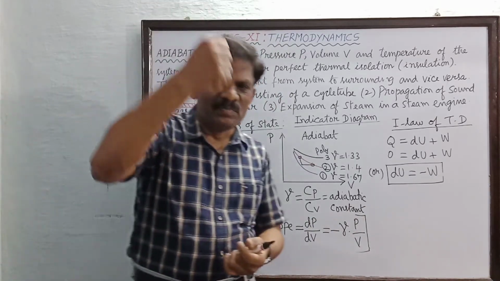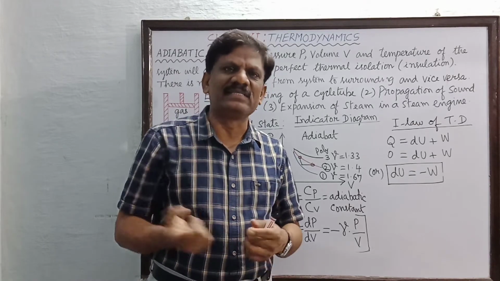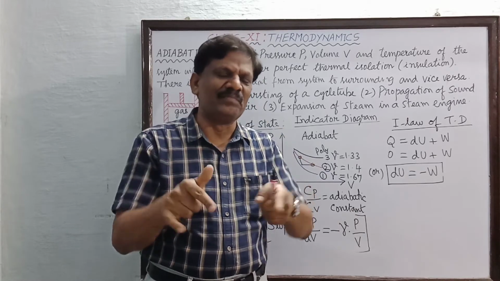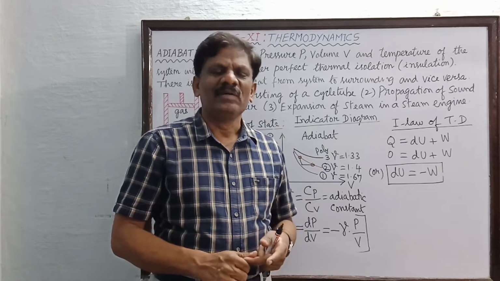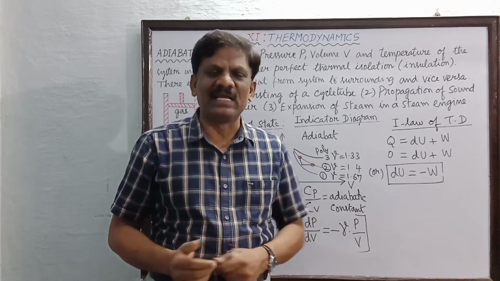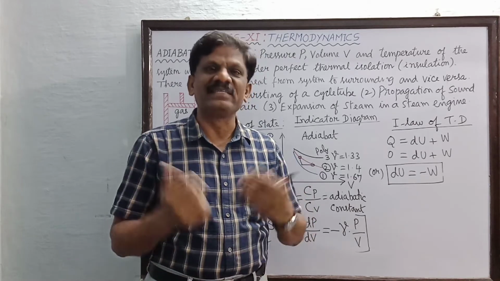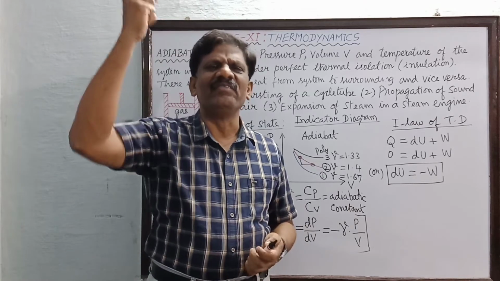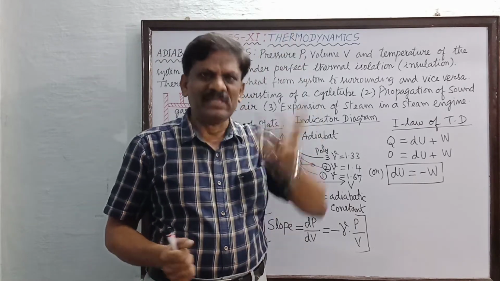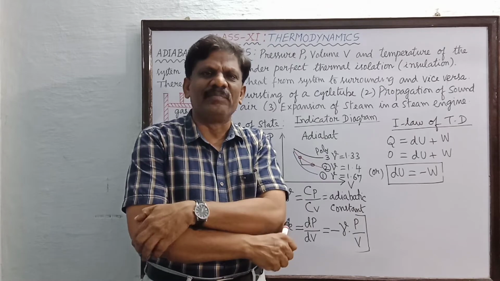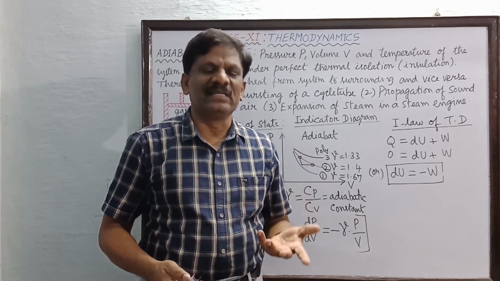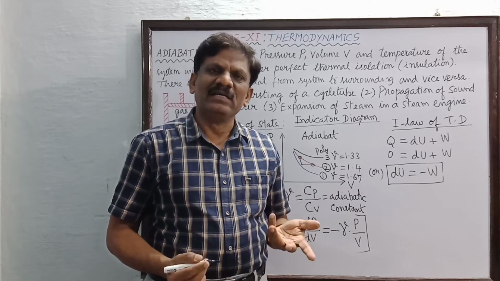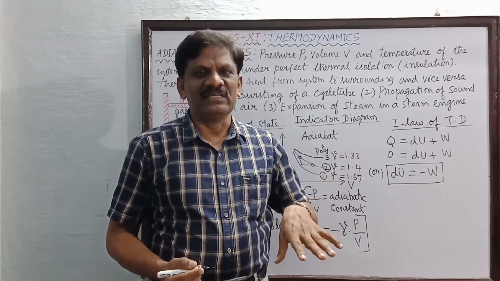When the piston is pushed downwards, work is done on the system, which means it is negative. Due to compression, heat will be produced and it increases the internal energy of the system. Suppose if you suddenly pull the piston in the upward direction, work is done by the system. So work done is positive and the internal energy will decrease.